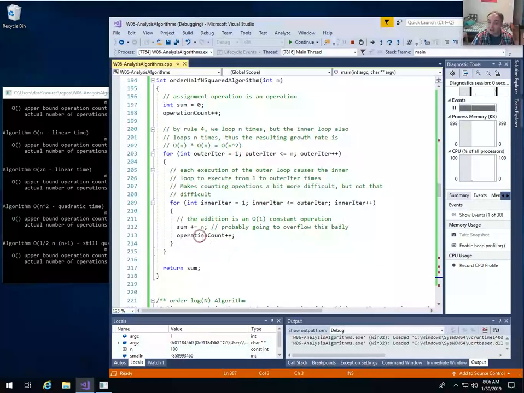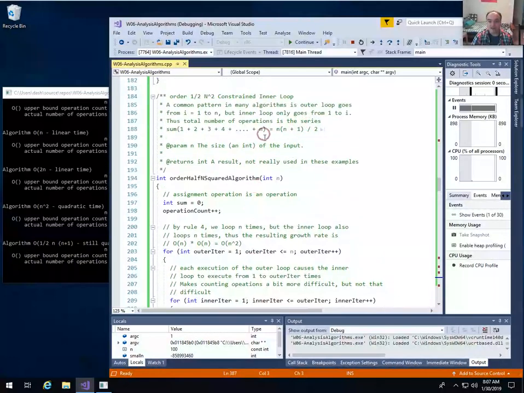So the actual number of times that this statement inside of the inner loop executes is 1 plus 2 plus 3, so it's the sum of the series 1 plus 2 plus 3 plus ... plus n. Okay, and the sum of that series is n times (n plus 1) divided by 2, right? That's what the sum of that series is. But again, this is still a big O of n squared algorithm.